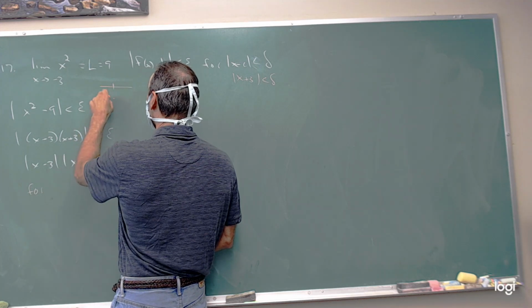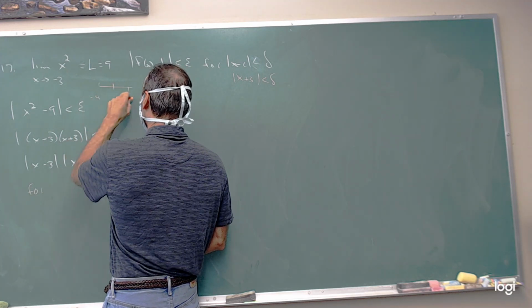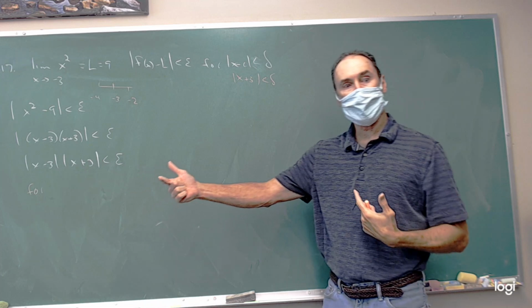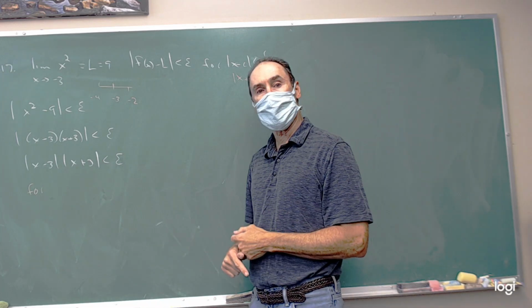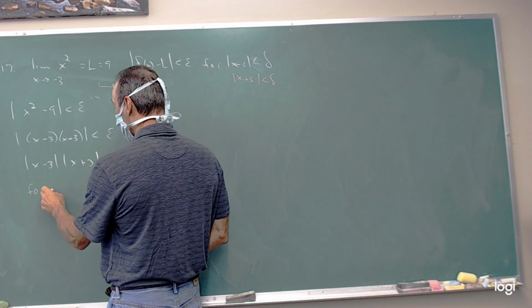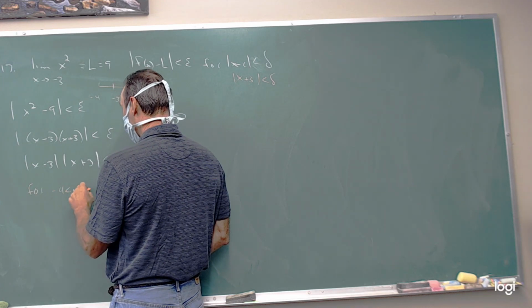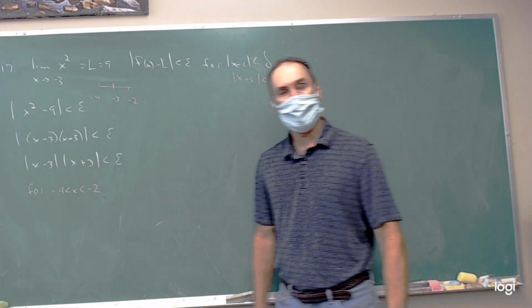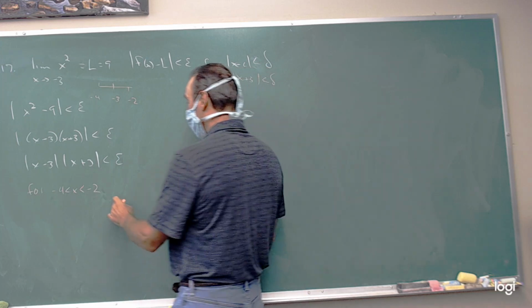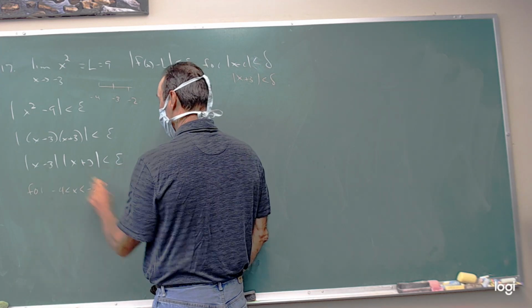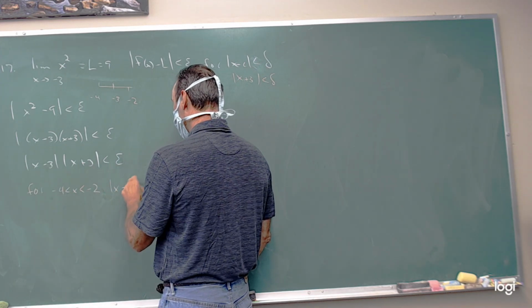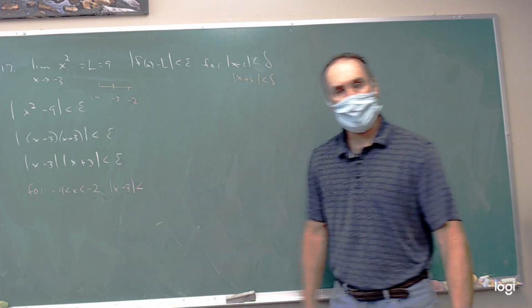If our -3 is here, then 1 on either side of -3 means from -4 to -2. So for the values of x that are in between -4 and -2, what is the largest that the absolute value of x minus 3 could be?